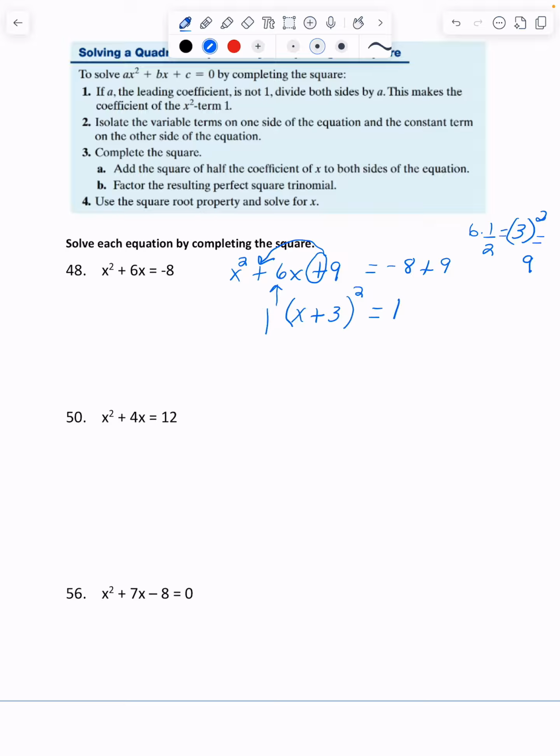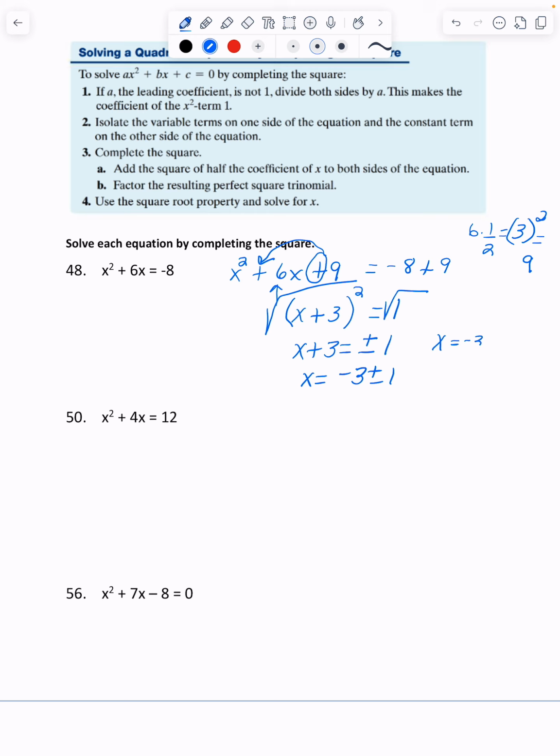Now I can take the square root of both sides. So the square root of (x plus 3) squared is x plus 3. And remember, when I take the square root of 1, I get plus or minus 1. So if I solve for x, I'm going to subtract 3 from both sides. So I get two answers.